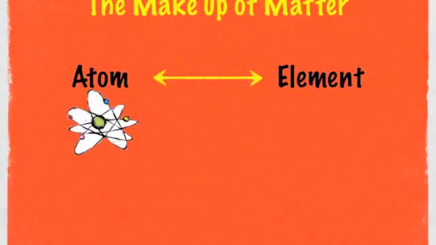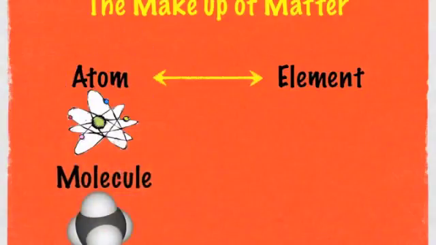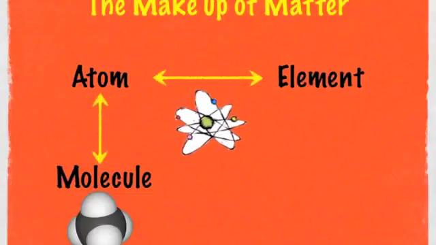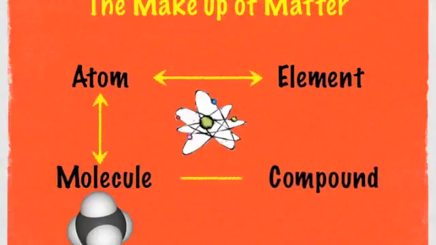Another very important part of understanding the makeup of matter is to understand what a molecule is. So what is a molecule, and how are an atom and a molecule related? A fourth term or concept is compound.